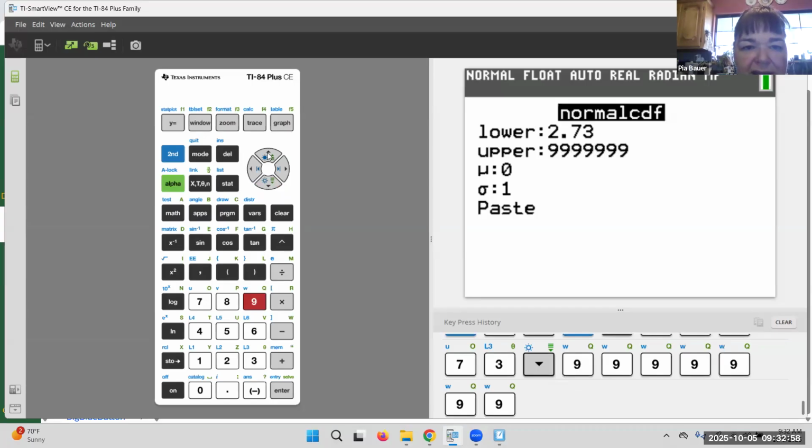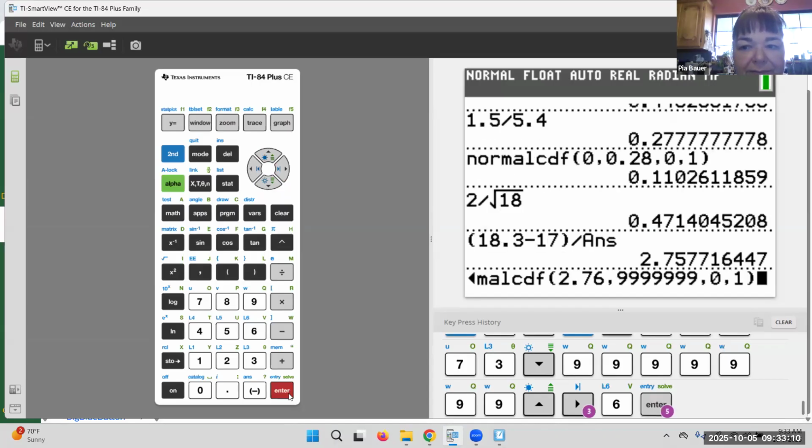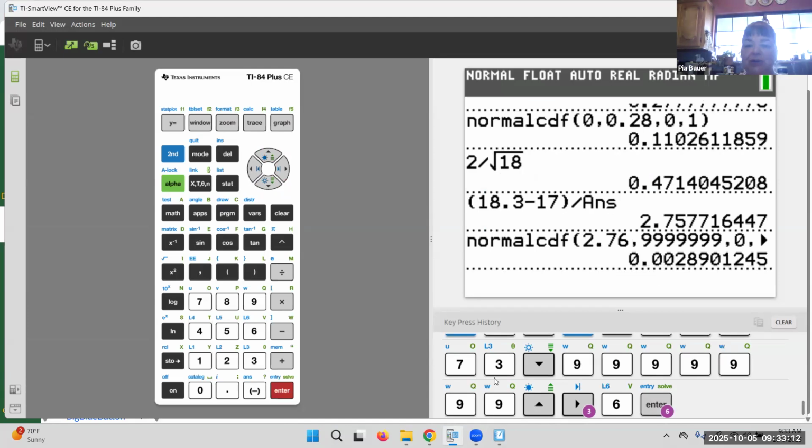And I made a mistake there. This should be 2.76. Now press enter, enter, enter again. So this is the area under the curve. So we typically take 4 decimal places for that.